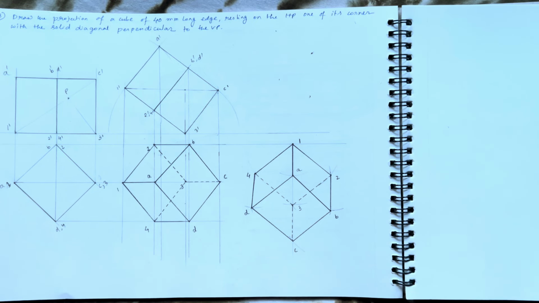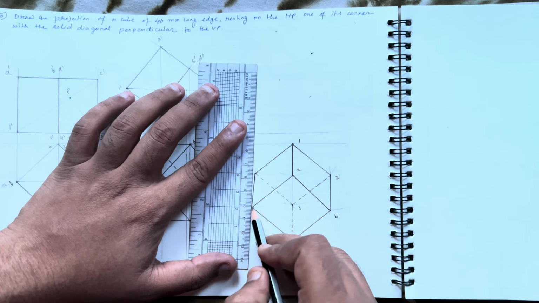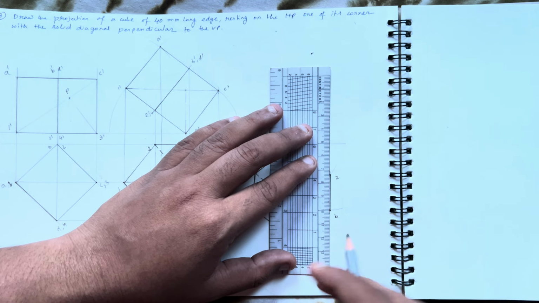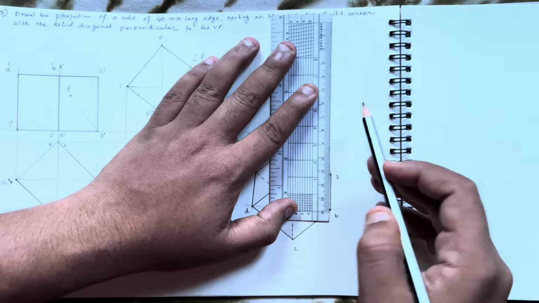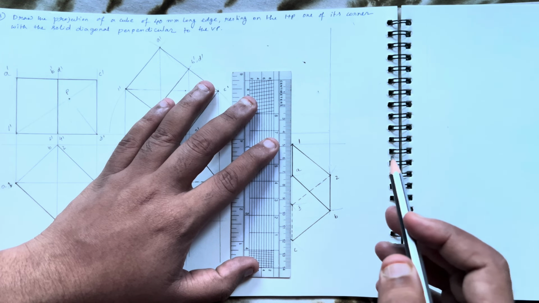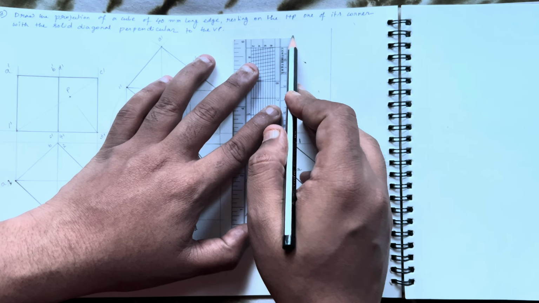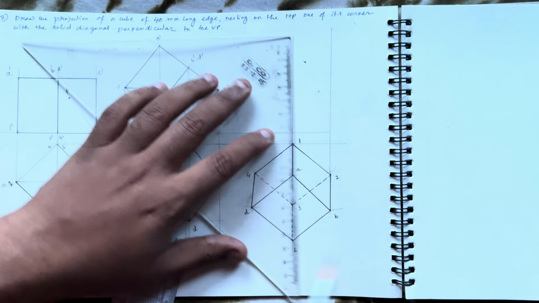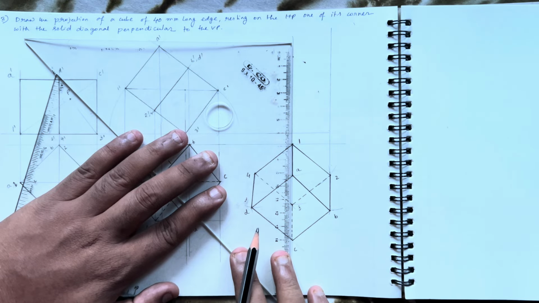Now just project all the points. So this should be a straight line, but somehow some mistakes were there.